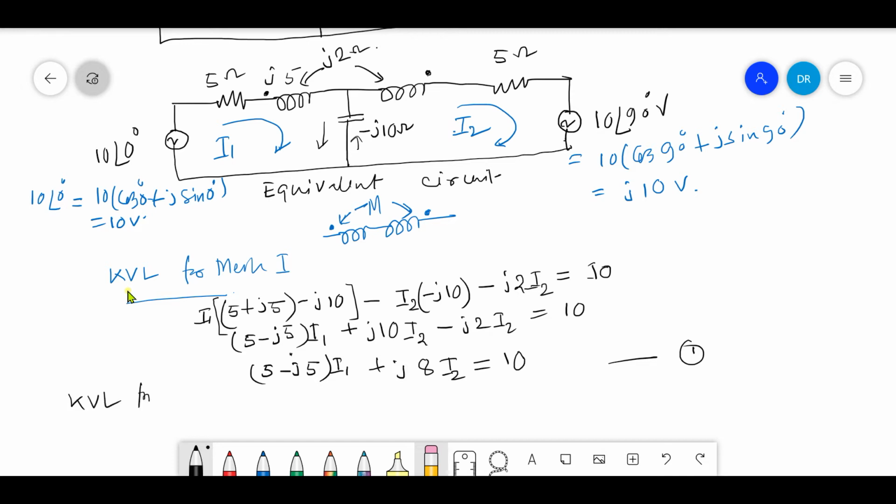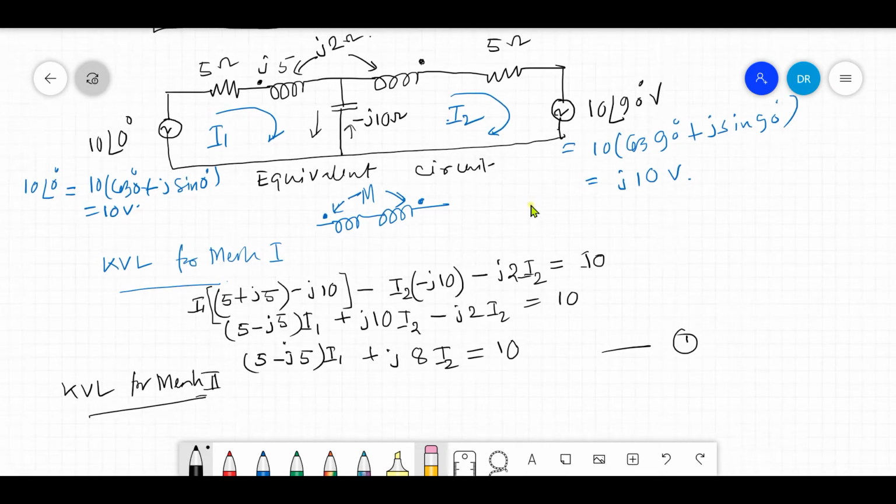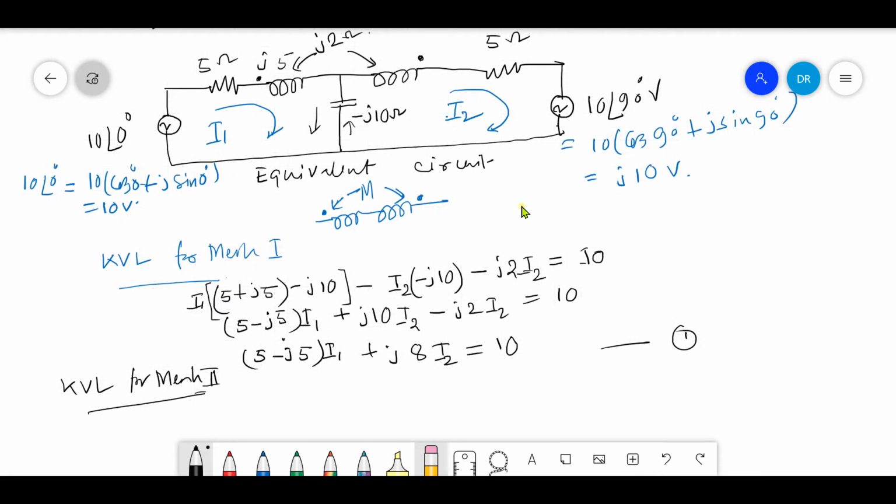Now we have to write the KVL for mesh 2. So in mesh 2 we can see this is (5 + j5 - j10) into I2. Now current I1 will be in opposite direction, so this is minus j10 into I1.